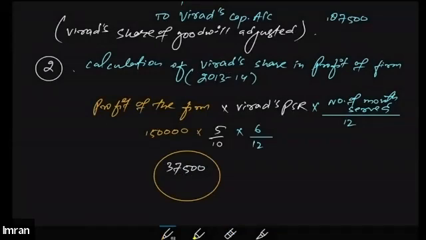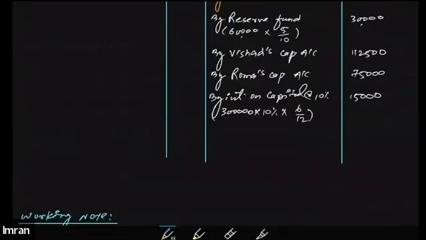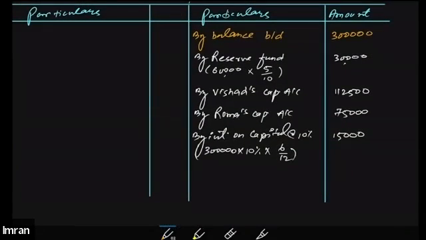Yes or no? Everybody, is this clear? Zainab, is it clear to you? Yes, sir. Shifa, Prerna. Yes, sir. Okay, now when we transfer this amount and credit it to the partner's capital account, 37,500, tell me which account needs to be debited.